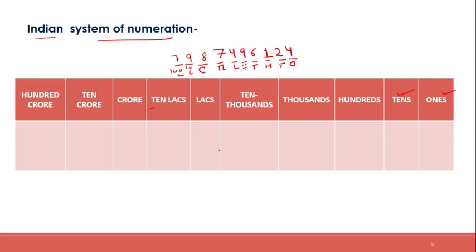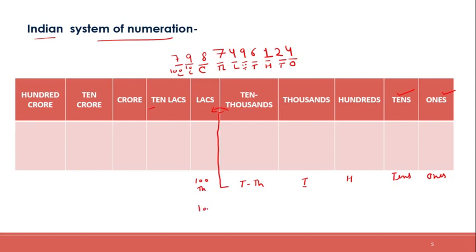In the international system of numeration, we write ones similar to the Indian system, right? Then tens, hundreds, thousands, 10,000s. Both the systems have the same names of place values up to 10,000, but after 10,000, here it is 1 lakh, but there it is 100,000.